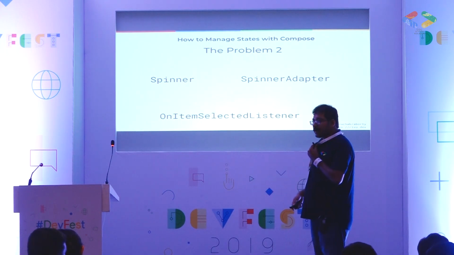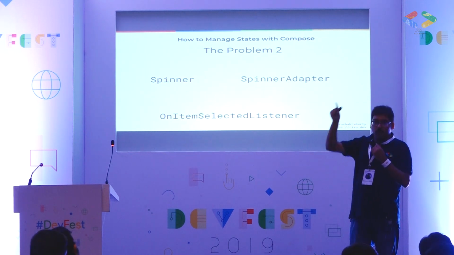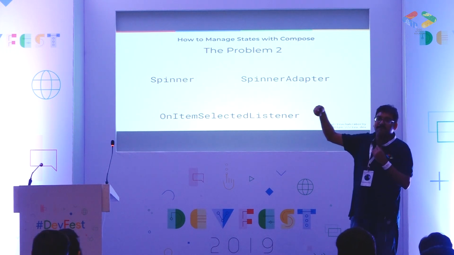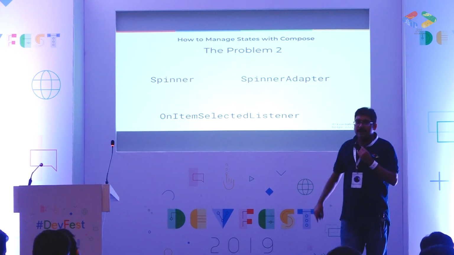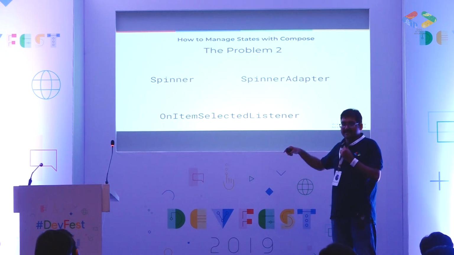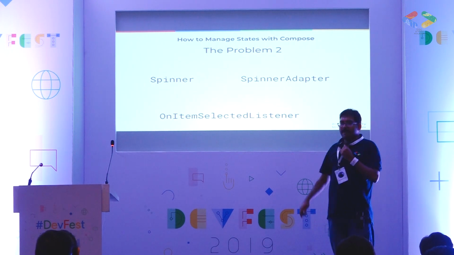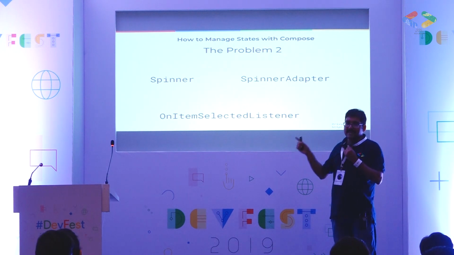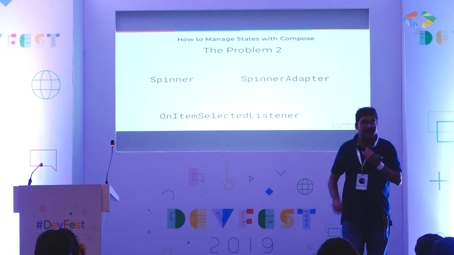So if we go back to the reactive cycle or Redux cycle, there should be one flow, one state. But here spinner or edit text both have separate states. So you are not only maintaining your view state, you are also maintaining your edit text state, your spinner state. If you have gone through the IO videos, Roman Guy has great input about why this is called spinner. You should go through that.